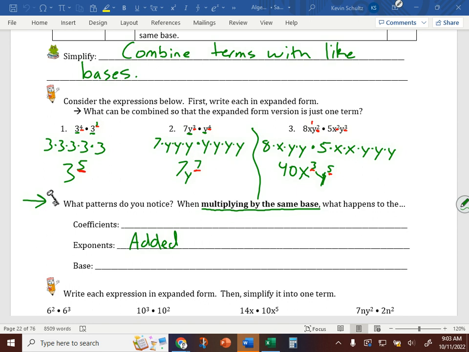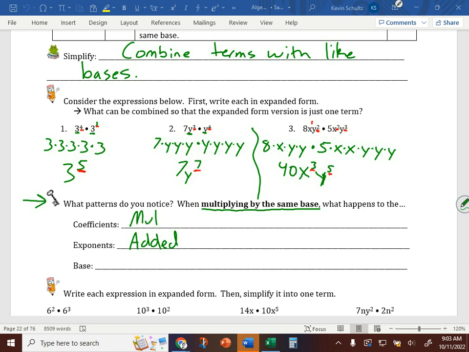What about the coefficients? And there's really only one with 2 true coefficients, number 3 there. But what do we do there, Colin? We multiply them. As we explained earlier, because you can multiply these things in any order. It doesn't matter the 8 and the 5 aren't next to each other. They combine to give us 40.